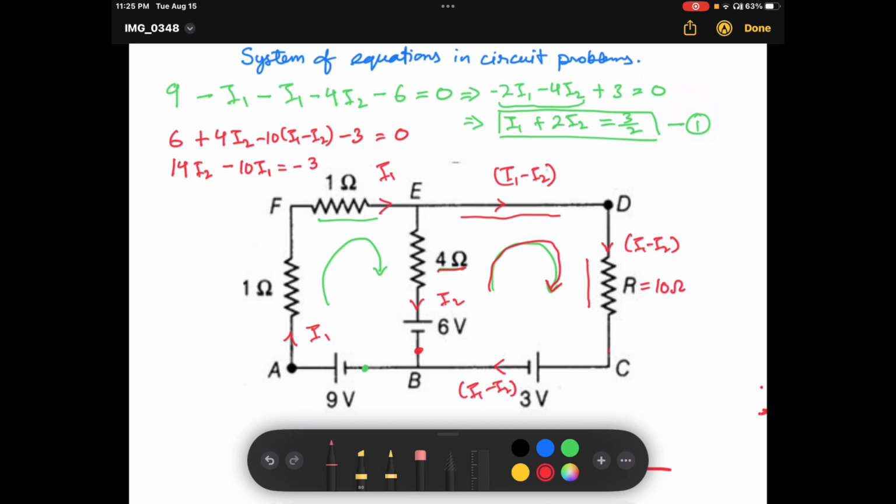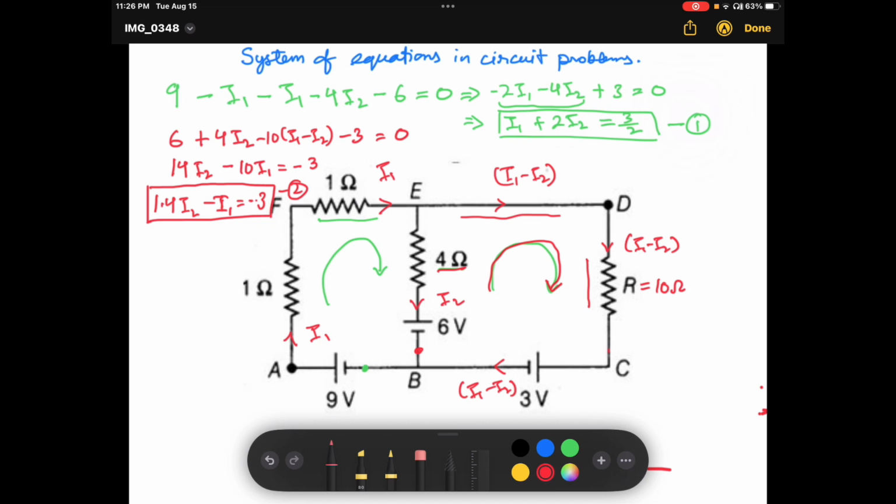I will divide the whole equation by 10, so that this becomes 1.4I2 minus I1 is equal to negative 0.3. There is a purpose for why I decided to do that. I'm following the elimination method, and I can already see that in equation number 1, I1 has a coefficient of 1. So I tried to make the coefficient of I1 the same here by this division, and so our life will be easier. So this is equation number 2.